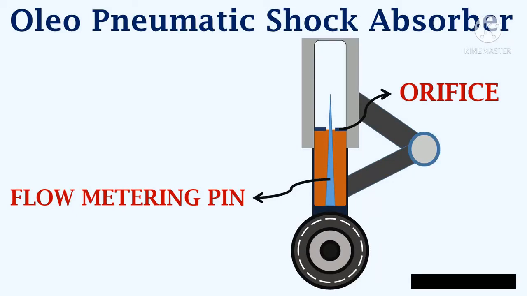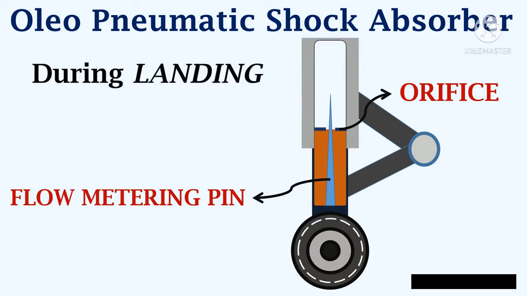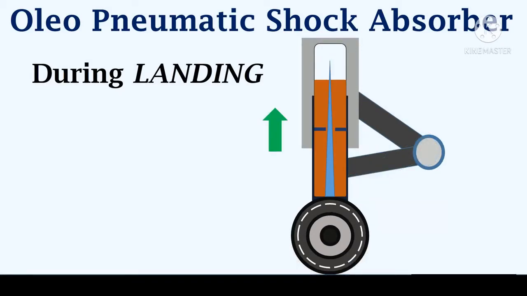Let's see what happens inside an all-pneumatic shock absorber during landing to understand how it cushions the aircraft weight when it touches the ground. When the landing gear touches the ground, the inner cylinder moves into the outer cylinder.